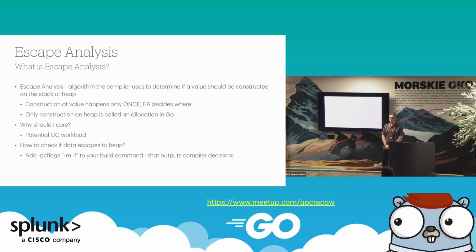If we want to check if something is escaping to the heap, during our compilation or actually build, we need to pass the gc flag -m to our build command. So this flag outputs compiler optimization decisions.